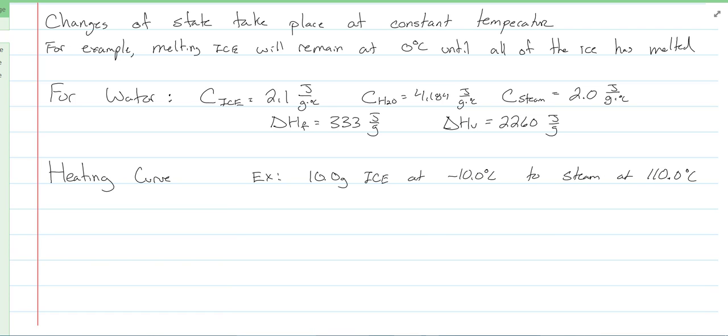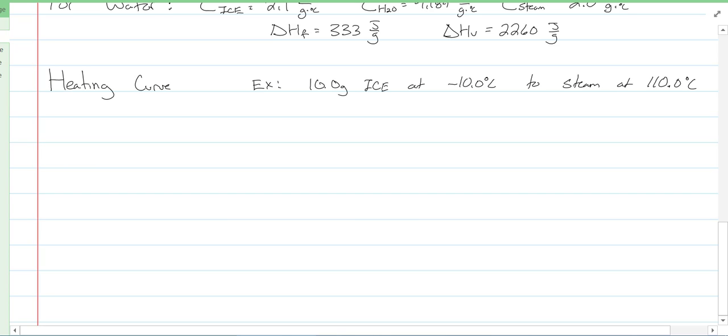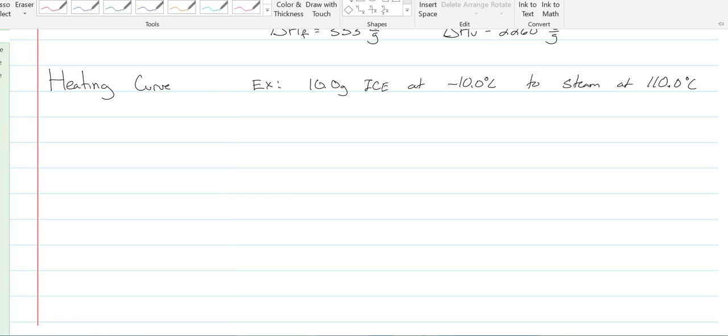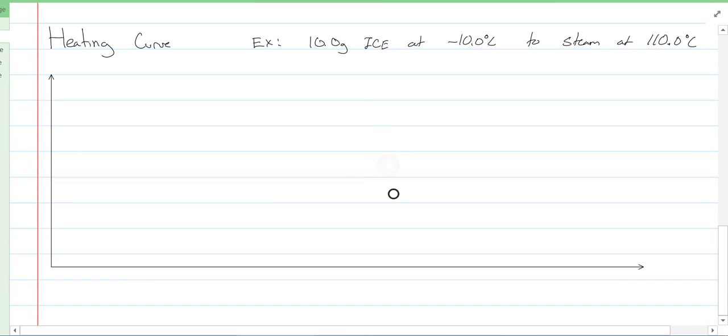So on our heating curve, we have 5 stages, and let's draw the curve, and then we'll talk about those stages. We get our x and y axes. Here's our heating curve. On the y-axis will be temperature in degrees Celsius. On the x-axis is heat added in joules.